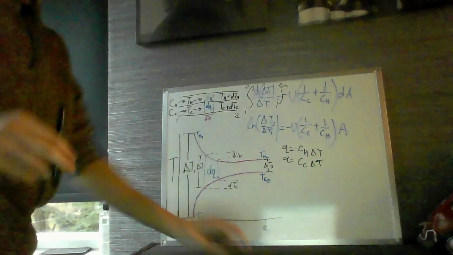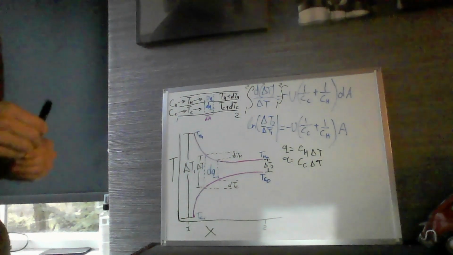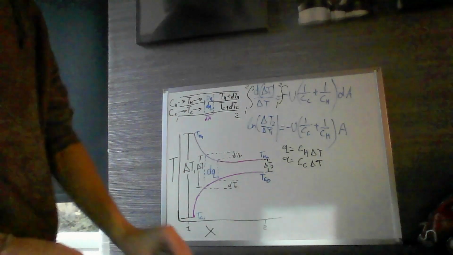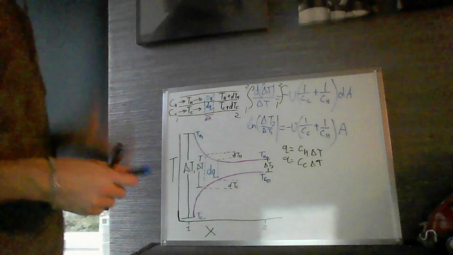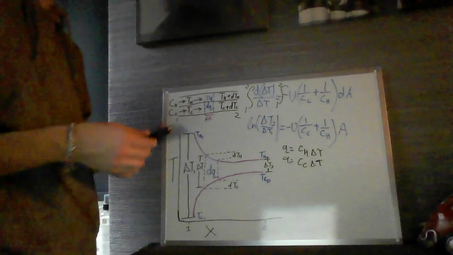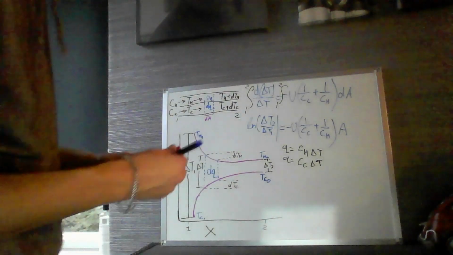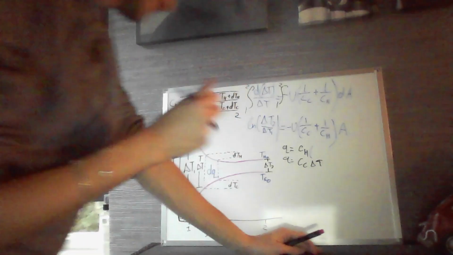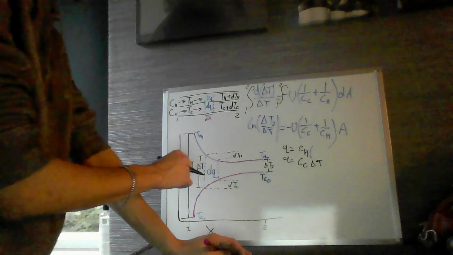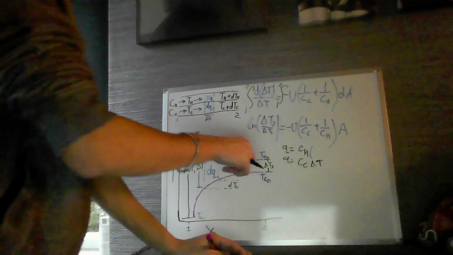Alright. And of course, these two delta T's are different for each, as the hot is different than the cold. For the hot one, delta T is the difference between T of the hot at the inlet minus the outlet.